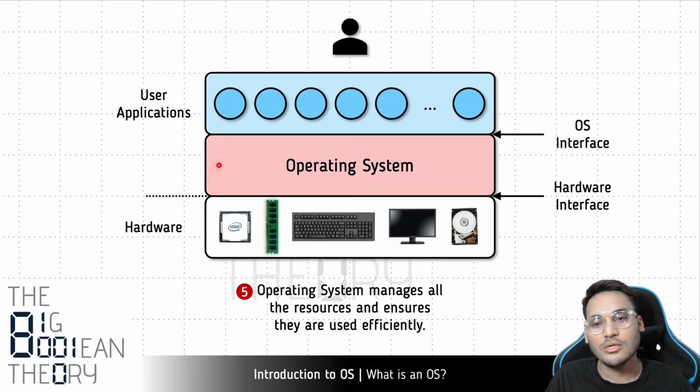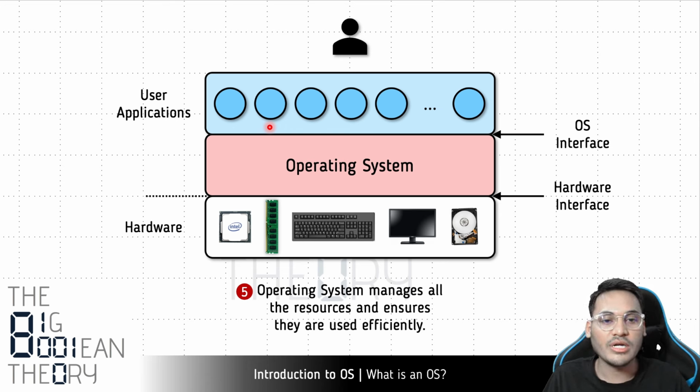So all the requests for resources have to go through the operating system. So it's the operating system who is aware of all the hardware resources, that is, it keeps track of them, how much is available, how much is in use, and whenever there is a request from the user application, it examines that request, and if it is valid, if it is proper, then only it approves that request.